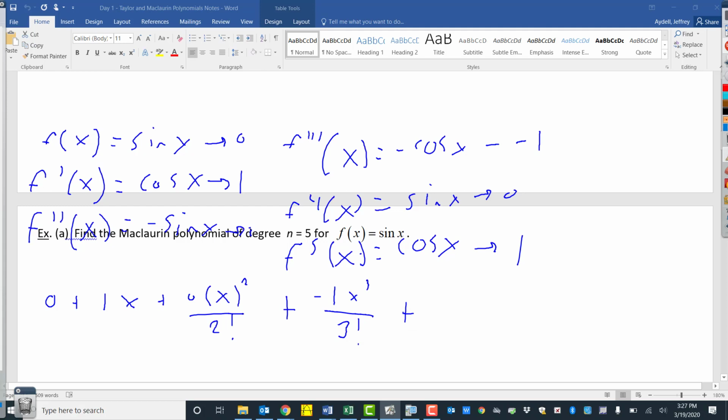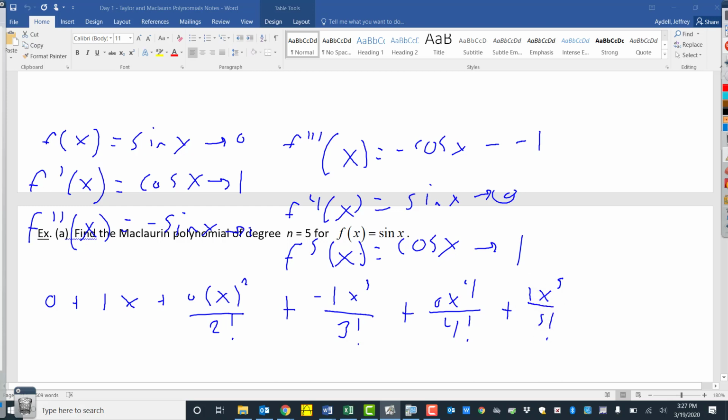Well, that's just back to 0 again. So we have 0x to the fourth over 4 factorial. And then plus, finally, f to the fifth derivative of x, which is cosine, which would be 1. So 1x to the fifth over 5 factorial.